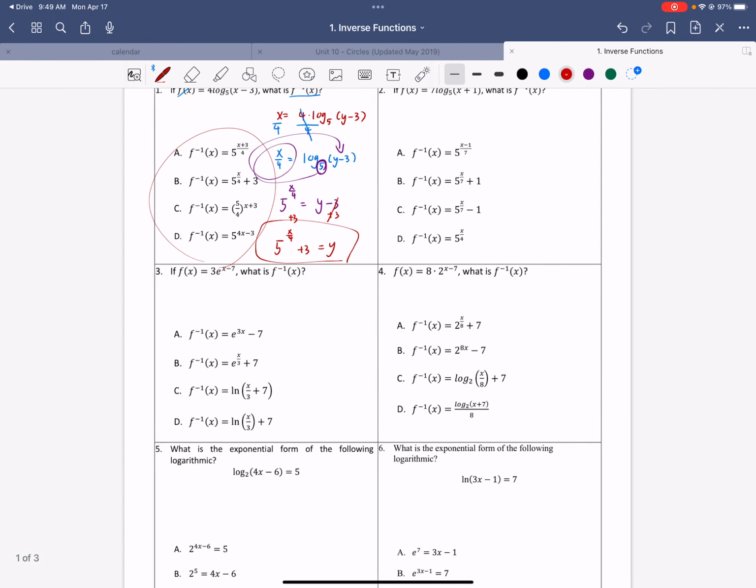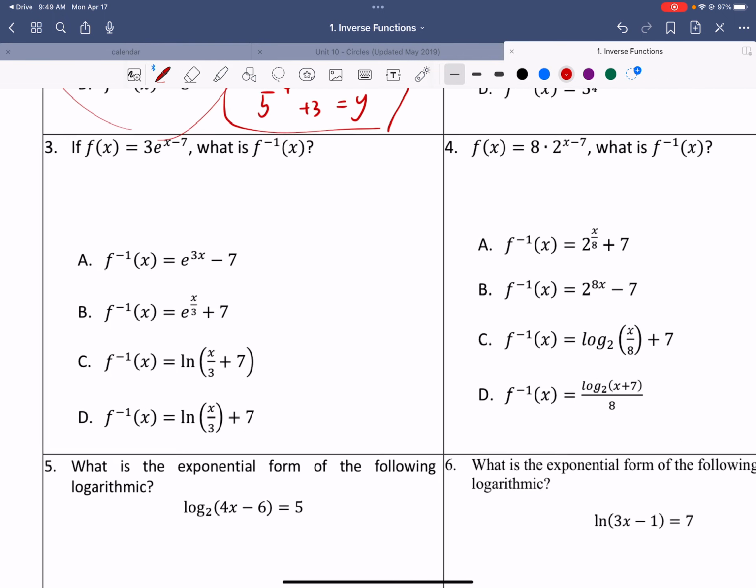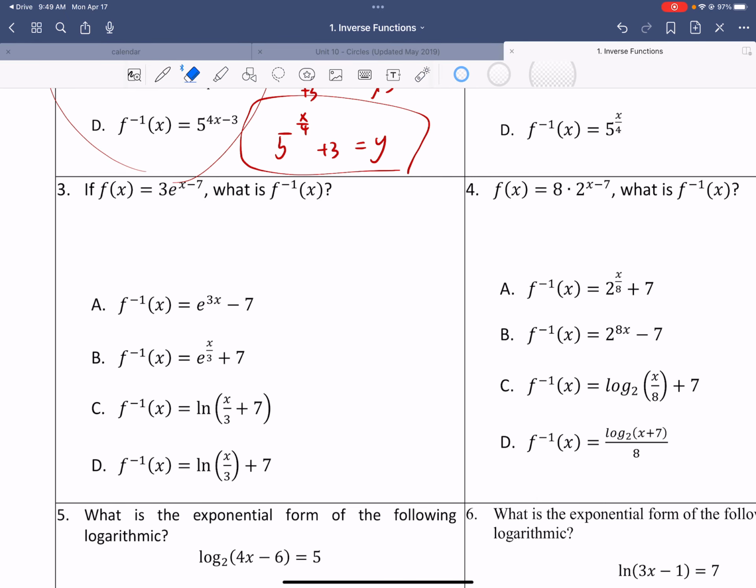So you can try number 2. Let me do number 3 so that you guys can do number 4, okay? Now, same thing. I'm going to switch x and y. So I'm going to get x equals 3 times e to the y minus 7, okay? Oh, that's a y.